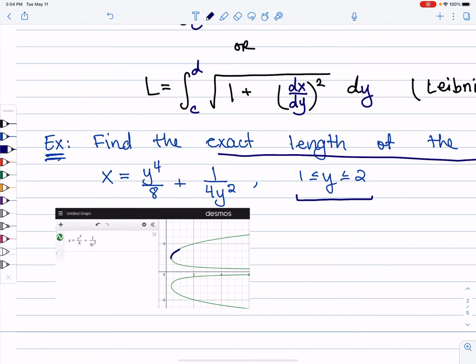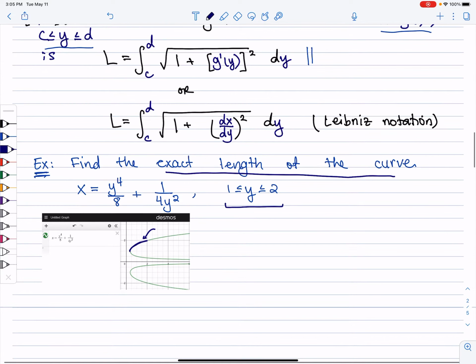So we're only looking at this function here. The entire graph is not a function because it does not pass the vertical line test, but the portion of the curve that I've highlighted does pass that vertical line test. So what we want to do is find the exact length of the curve.